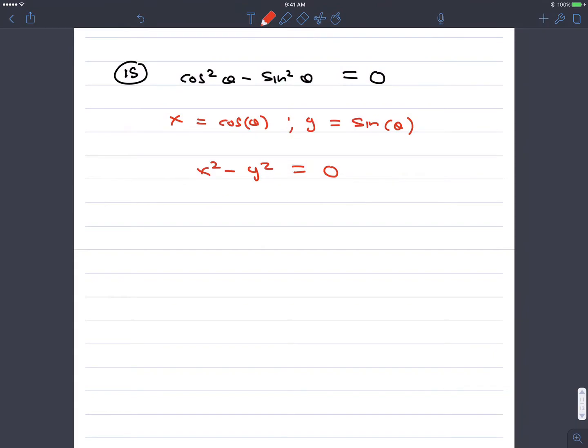What's the word now? You factor. Isn't this a special factor? This is the difference of what? Perfect squares. So to remind you, this is x plus y times x minus y is 0. Okay, you okay with that?